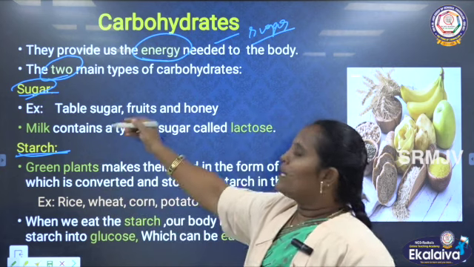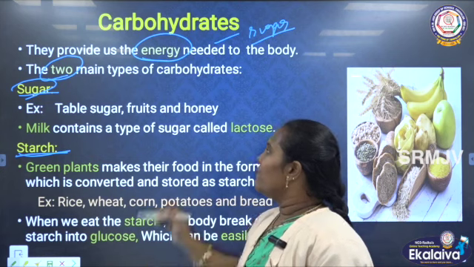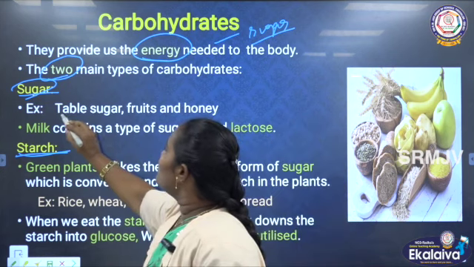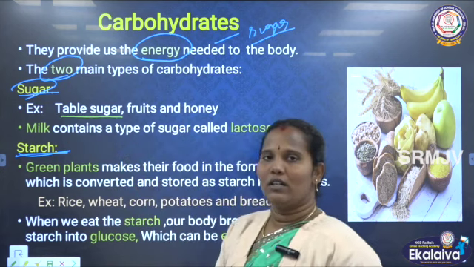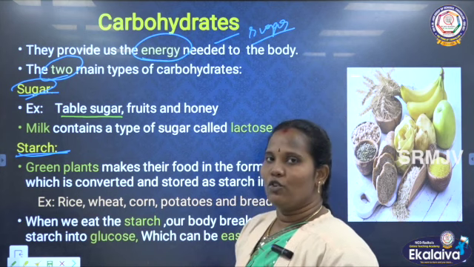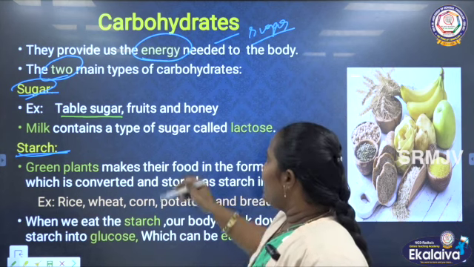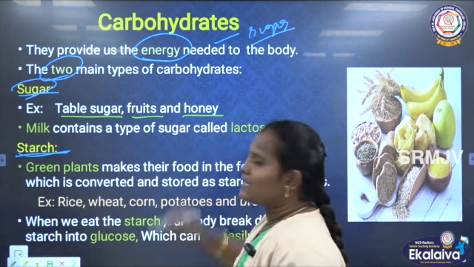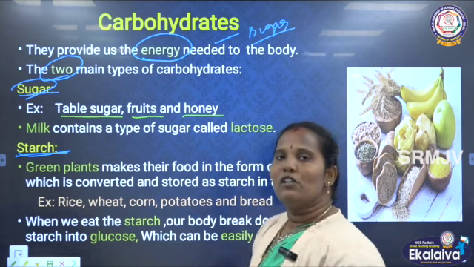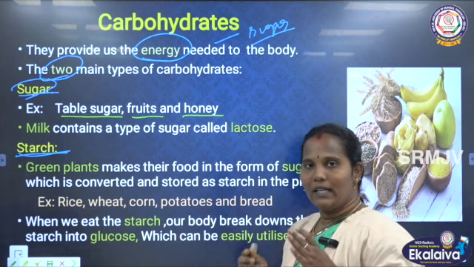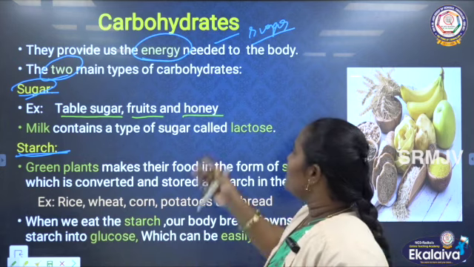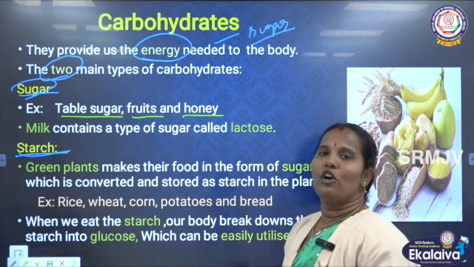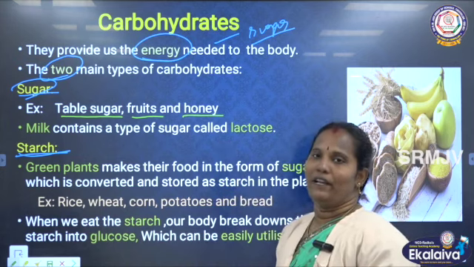See, where do we get sugar? We can get sugar in table sugar, the white sugar and brown sugar, which have sugar content. And then fruits, honey, like this. Many fruits are sweet in taste because glucose is present there. After that, honey is also one of the examples of carbohydrate.